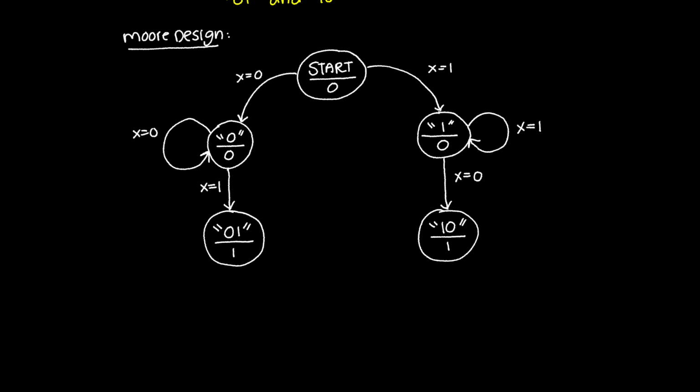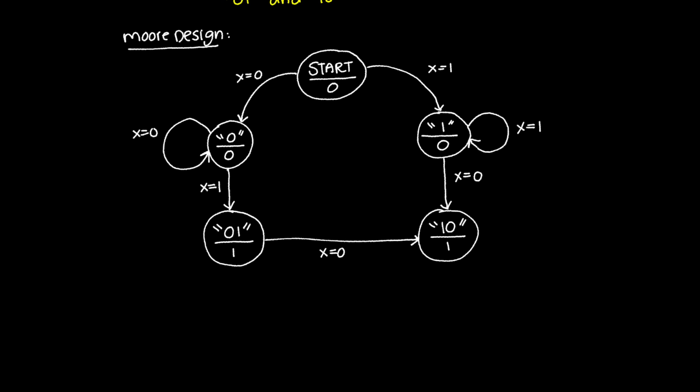Because I'm in this state. Remember, the incoming bit stream at this point was I got a 0, then I got a 1, and now I'm getting another 0. So that is a 1-0 transition. So if I get a 0, I should be moving to this state.